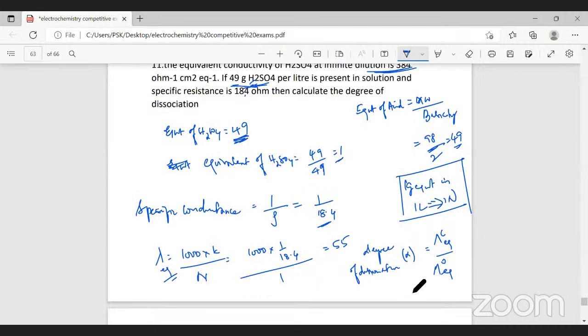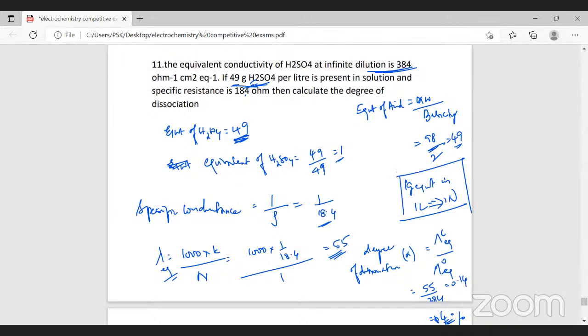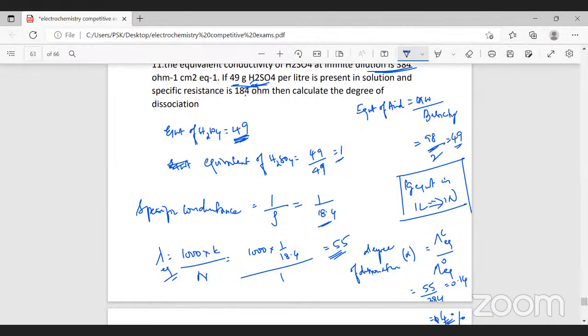So the substitution will be 55, the equivalent conductance we found, divided by 384. On simplification, you will get 0.14. That's nothing but 14%. So degree of dissociation in terms of percentage is 14. 0.14 into 100 is 14%. So hopefully you understood this problem. Yes, sir.